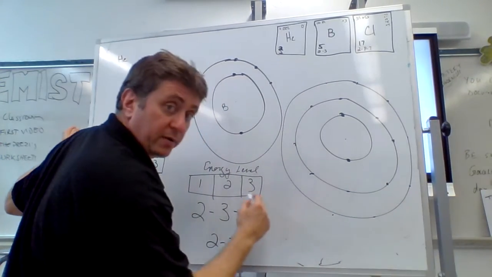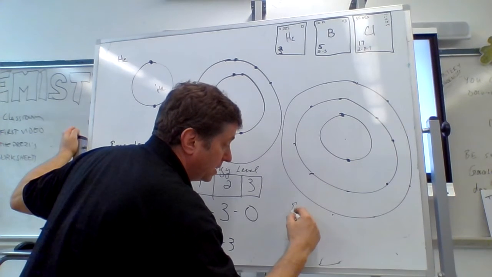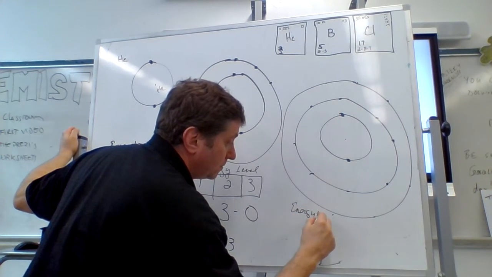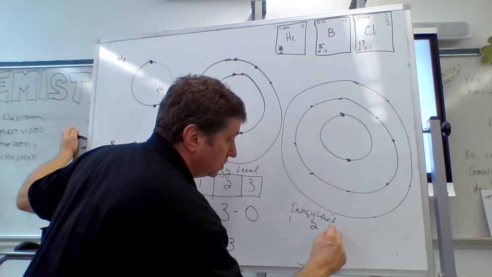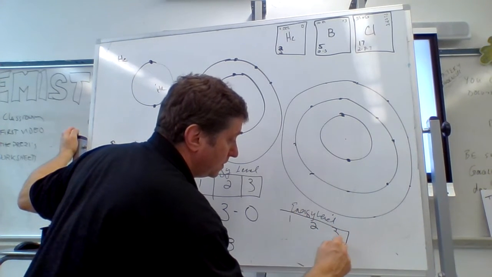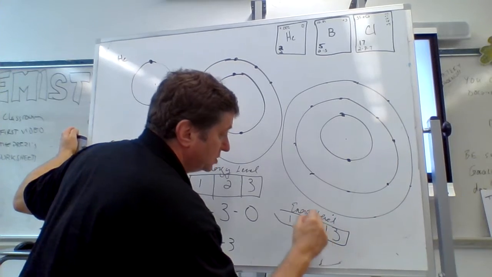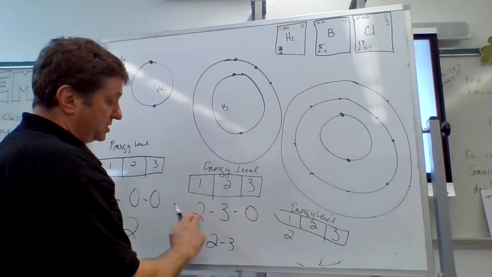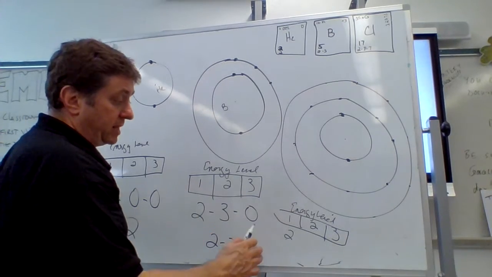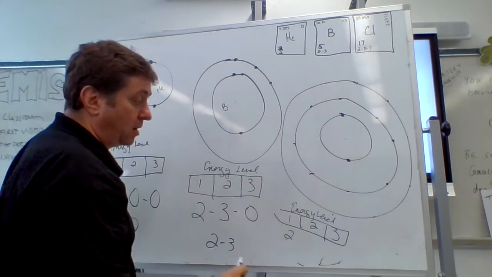So back to our diagram, just like this guy over here. Energy level 1, 2, 3. Energy level 1 has 2. And notice that's a recurring theme. Pretty much everyone has 2 in energy level 1, except for hydrogen. Let's keep going here.